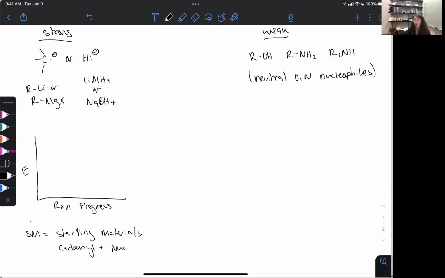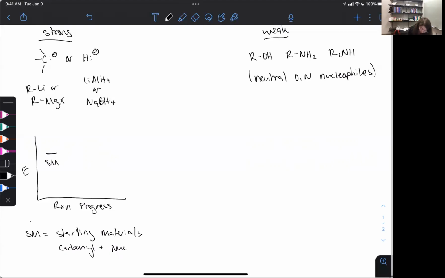Okay, so starting materials, plural. The carbonyl is not high energy, but if we're looking at the system on the whole, our nucleophile is very high energy because carbon doesn't want to be negative, hydrogen doesn't want to be negative. So those are very high energy starting materials. So overall, we're starting up pretty high just on the basis of the nucleophile alone.